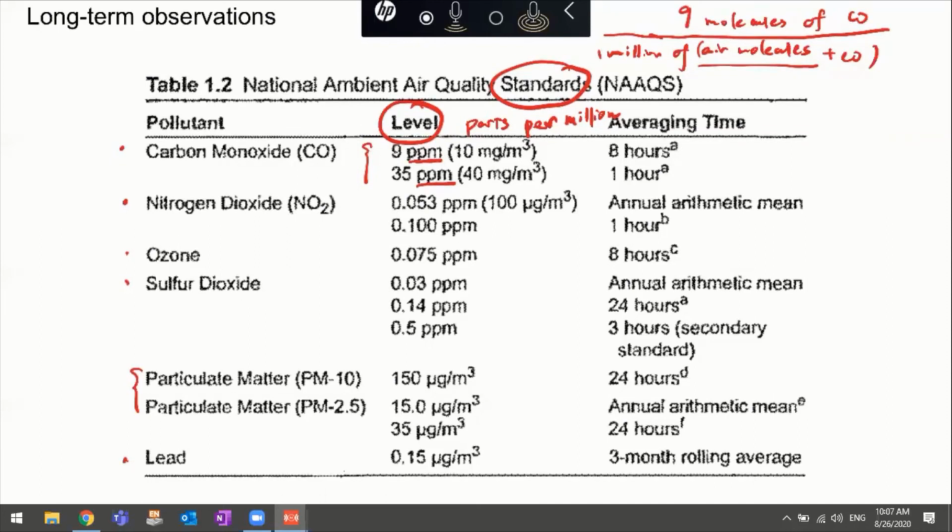Okay, following this ppm, following this concentration here, you can also see a mass concentration.